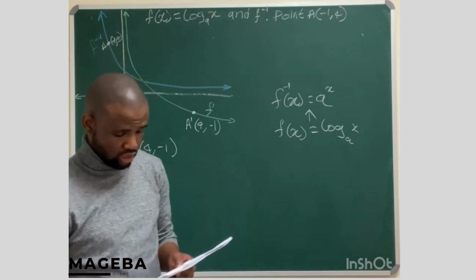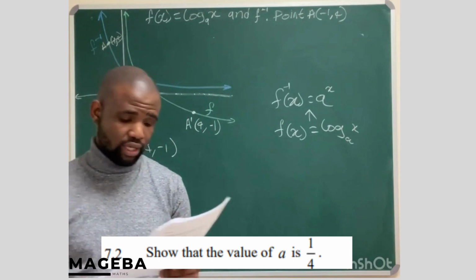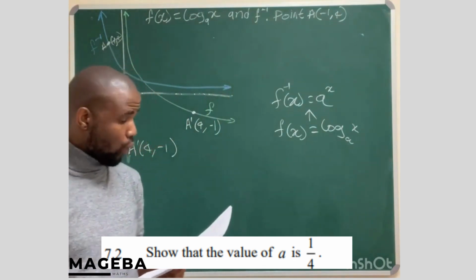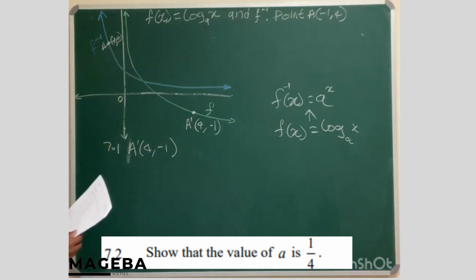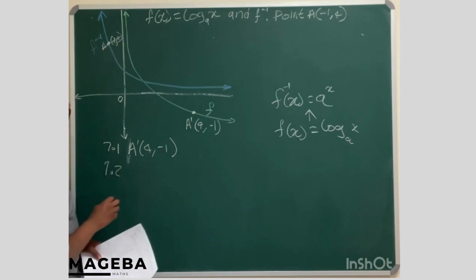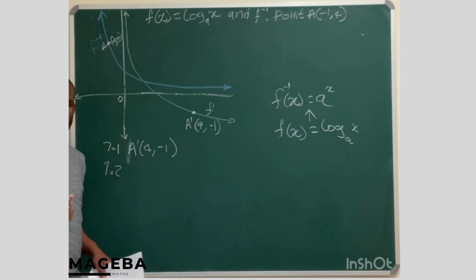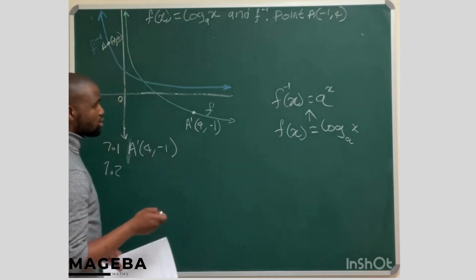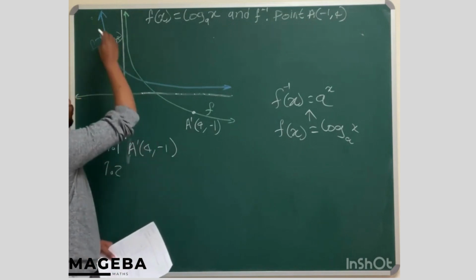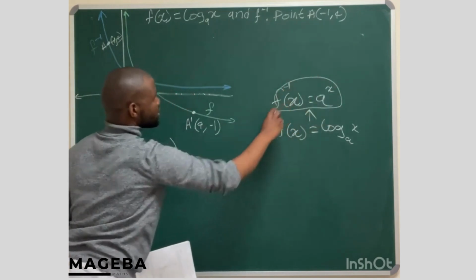And then now they are saying here, question 7.2, show that the value of a is 1 over 4. Now, it depends how you use the graph, how you use the coordinates. We have this coordinate here on the f prime, which is my f inverse in this case.